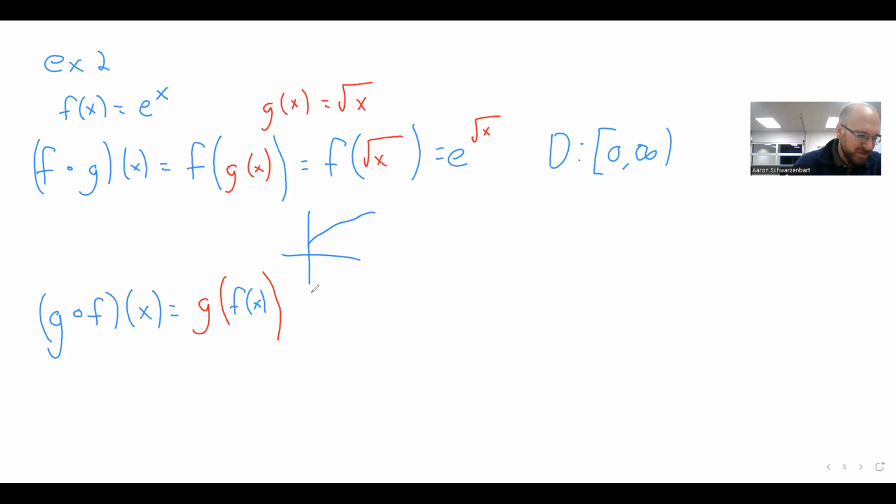Again, if you're not sure about what these graphs look like, you can graph them on your calculator. And we'll take a look, and I'll put them into the calculator in a second.